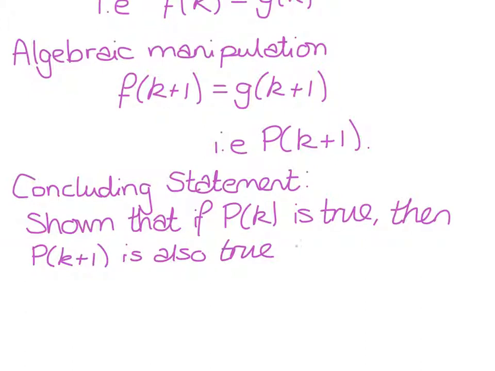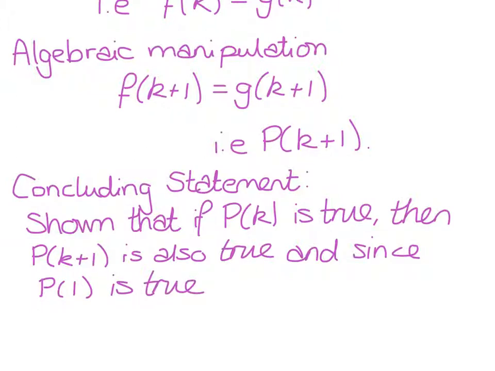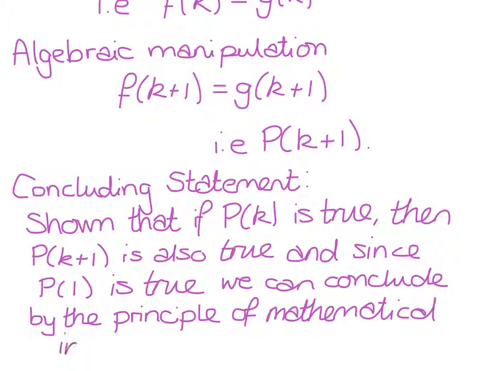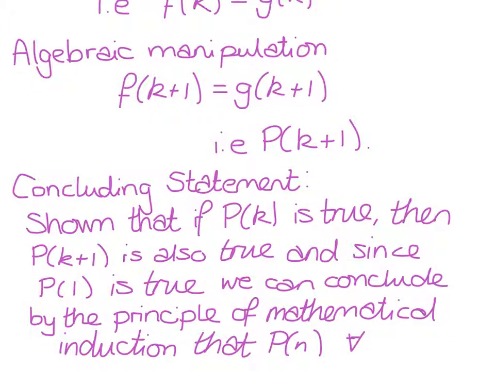And since p1 is also true, we can conclude by the principle of mathematical induction, which is the proof we're doing, that Pn is true for all n greater than or equal to 1, and that's what this symbol means, for all.